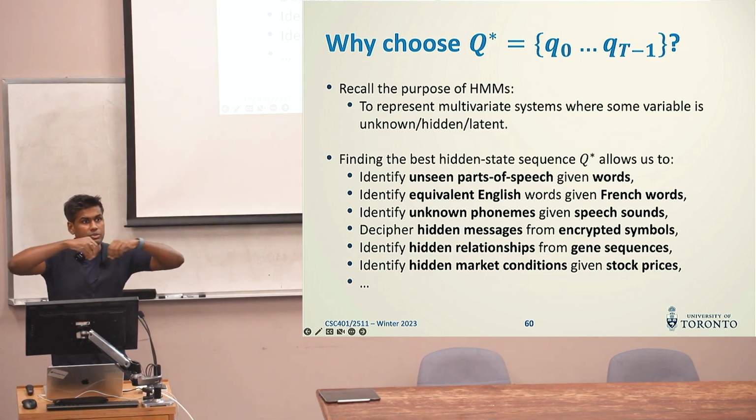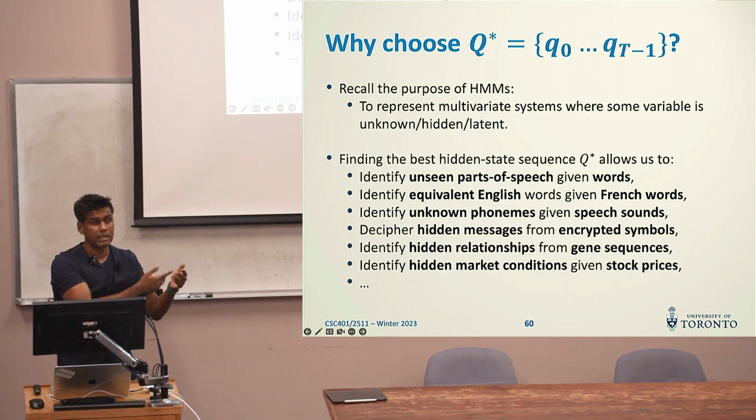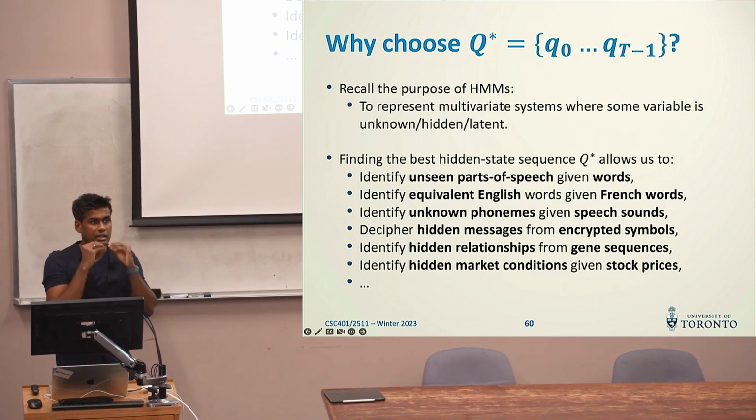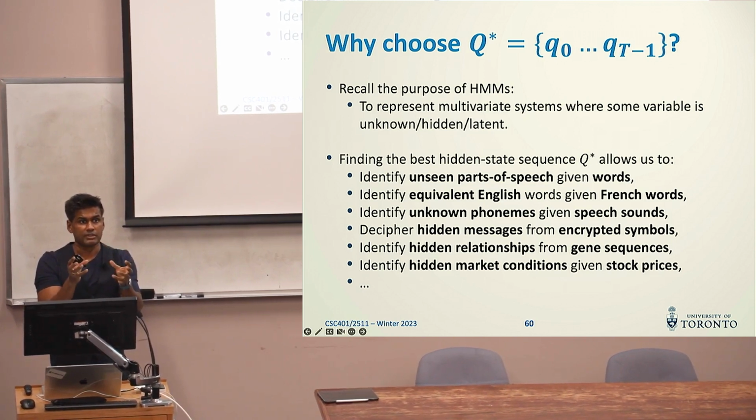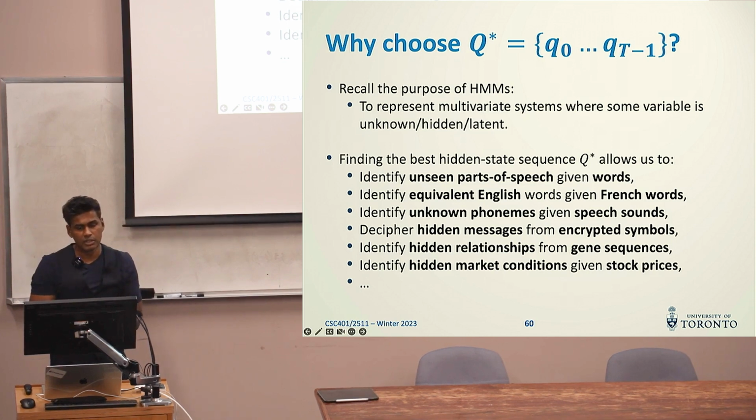Then we can infer the sequence of parts of speech that gave rise to a certain sentence that I'm speaking, or that's written. The same applies if I'm saying something and your observation is in English, but it's being generated by some underlying mother tongue, French or whatever. That's the translation task. The same goes for encryption: you're observing encrypted symbols, but behind that there are hidden variables that convey the actual message.